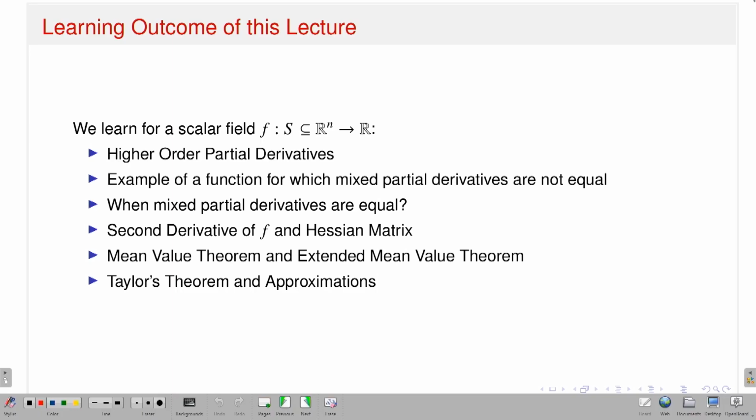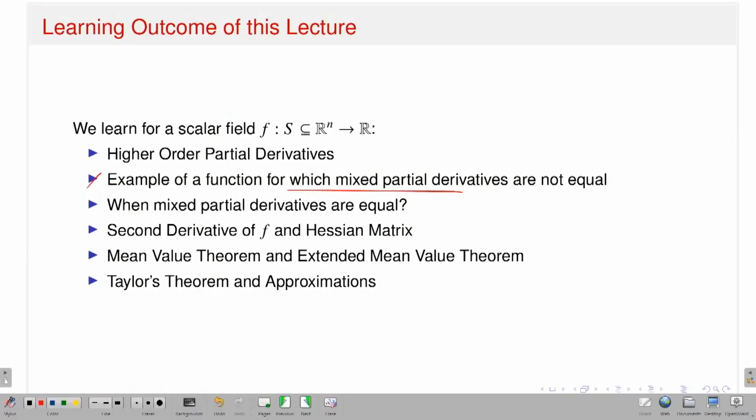I already introduced the notion of partial derivatives. I will start once again, just to recall, with higher order derivatives. Then of course mixed derivatives will come, and I will give an example of a function for which the mixed partial derivatives are not equal. I think I introduced the notion of mixed derivatives in my earlier lecture as well.